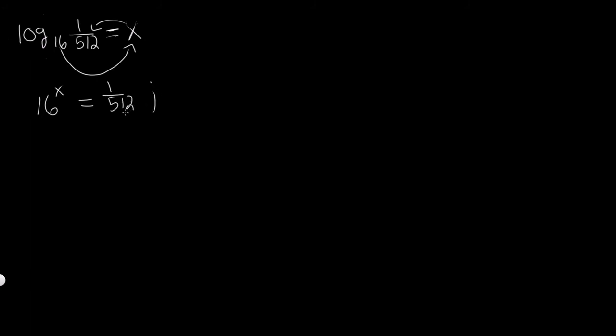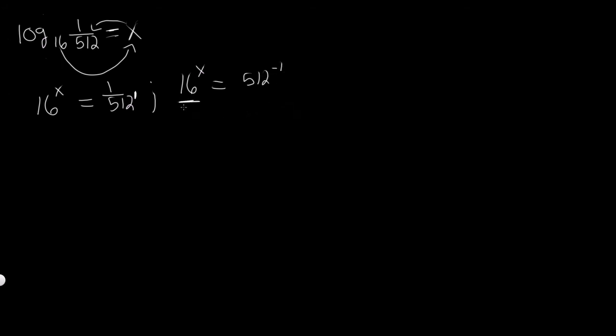We're then going to raise 512 to the numerator by switching the sign of the exponent, which is 1. So 16 to the x is equal to 512 to the negative first power.